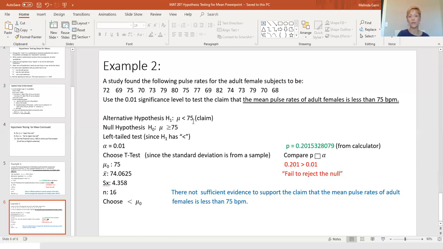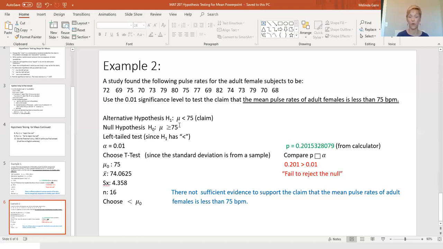They did not want me to throw this statement out unless there's less than a 1% chance, so I can't throw this statement out. So that's why I'm failing to reject the null. 20% is not less than 1%.